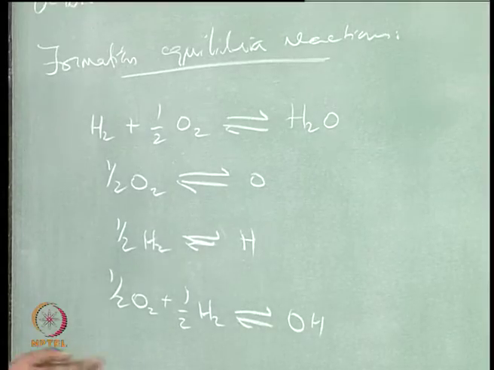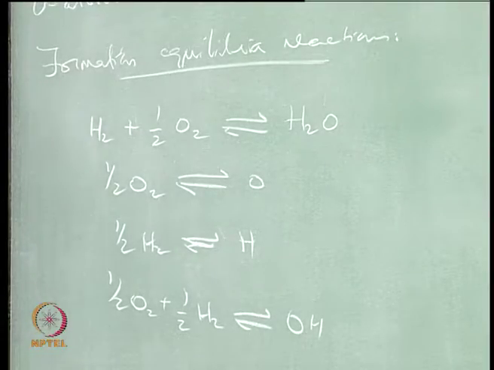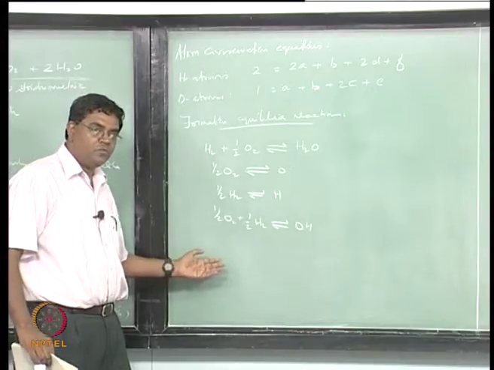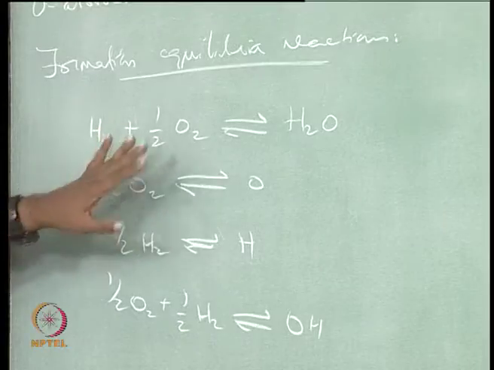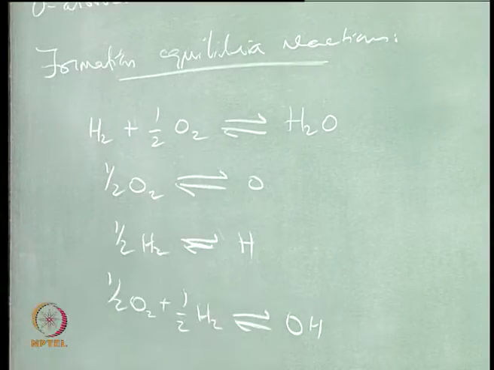Obviously when you write formation equilibria for H2 and O2, it will simply be H2 gives and takes H2. That's no news and therefore there is no use. Here there is some use in considering hypothetical formation equilibria for non-reference element products. That's exactly what we are trying to do here.